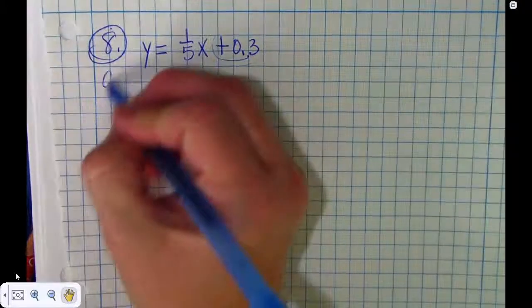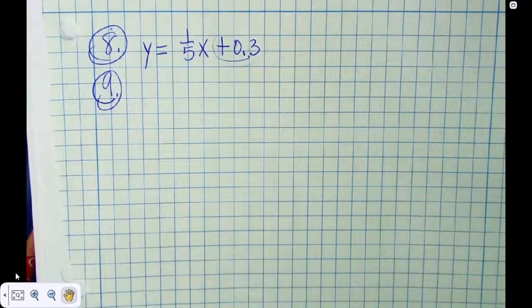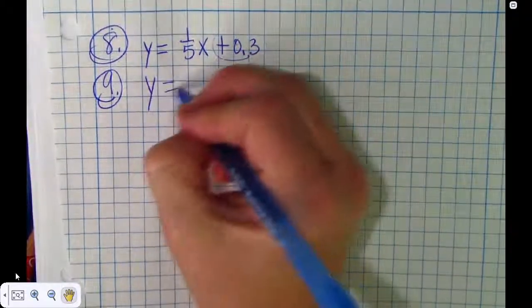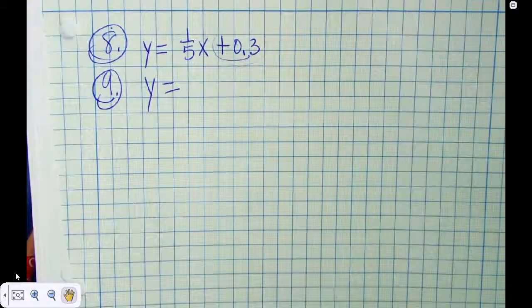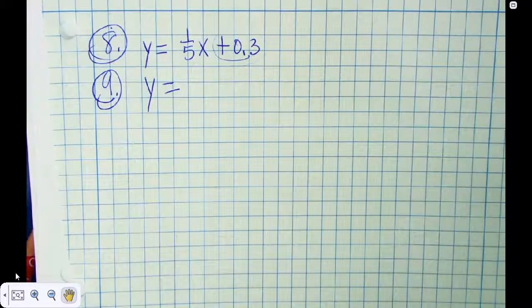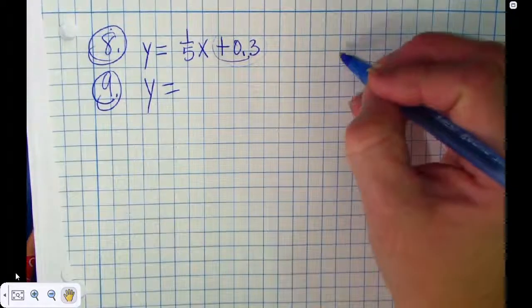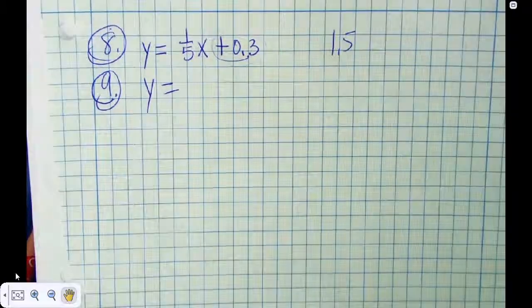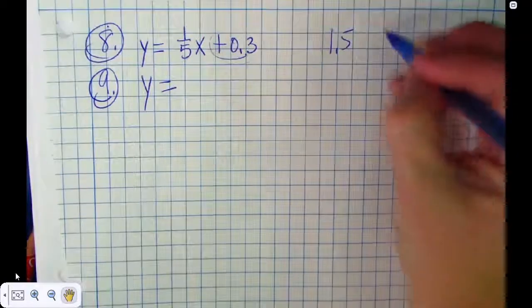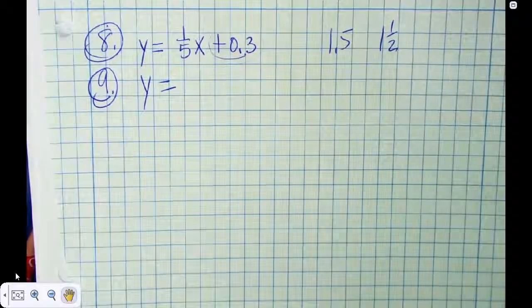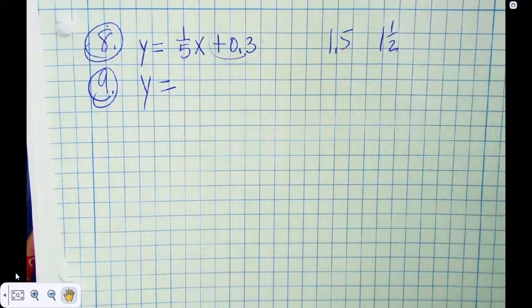Okay, now we're going to do number 9, and we're going to graph this one when we finish writing it. So 9 is y equals. Got to write it as a fraction. 1.5 is not a fraction. 3 over 2.